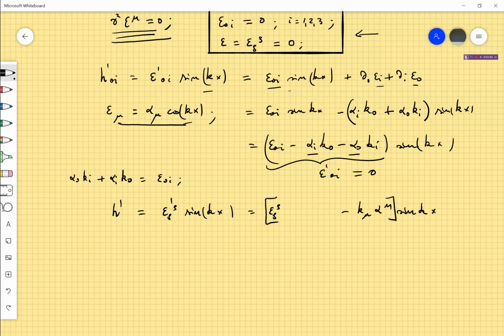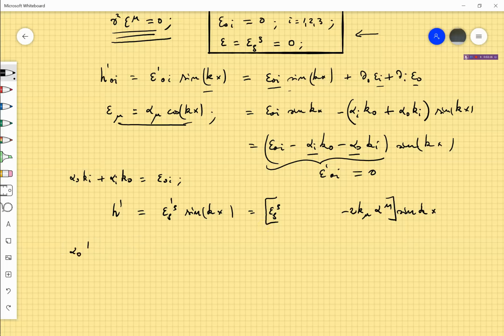And the second condition tells you that alpha mu k mu has to be, with a factor of 2, sorry that I was missing, epsilon rho rho. Okay, and let's expand this if we want to.